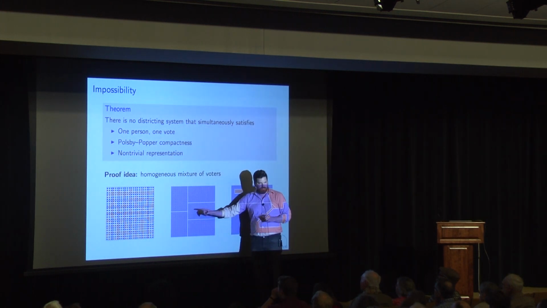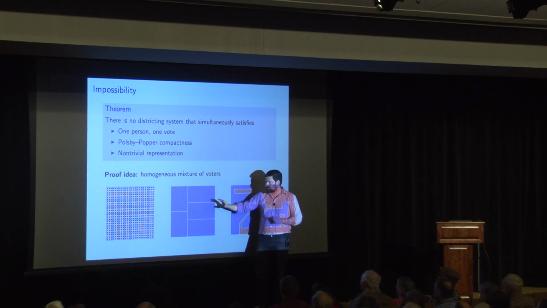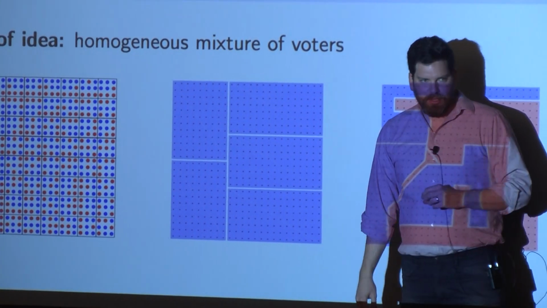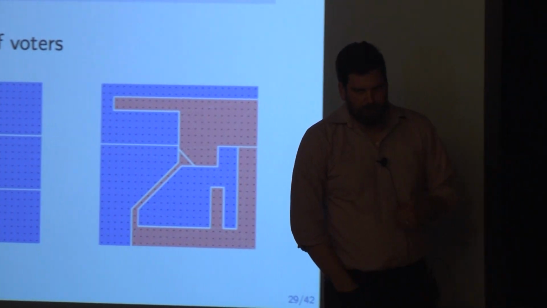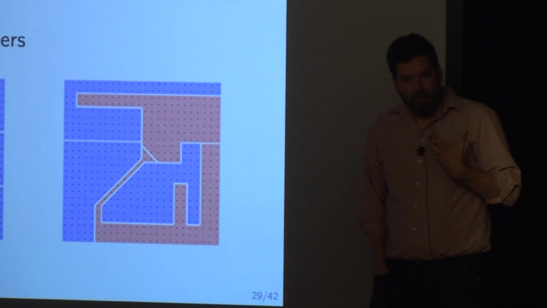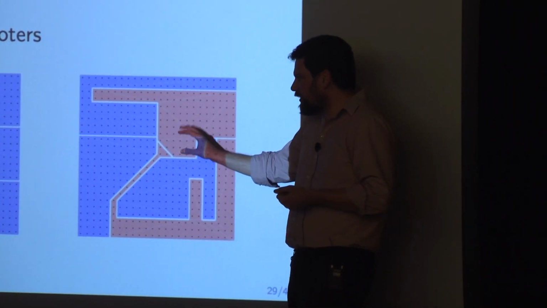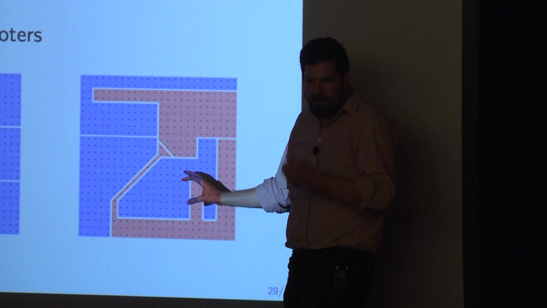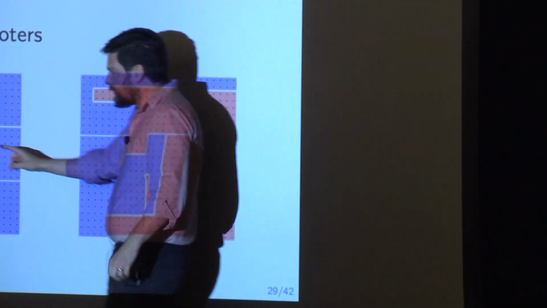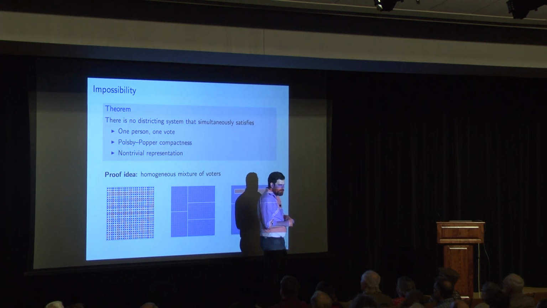That's what happened here. I tried to draw as best as I could districts where all of the Polsby-Popper scores were large, and that's what I got. And then I wanted to convey, well, what if I tried to make it so that the proportion of red to blue matched the votes? I wanted the seats to be close to the votes.